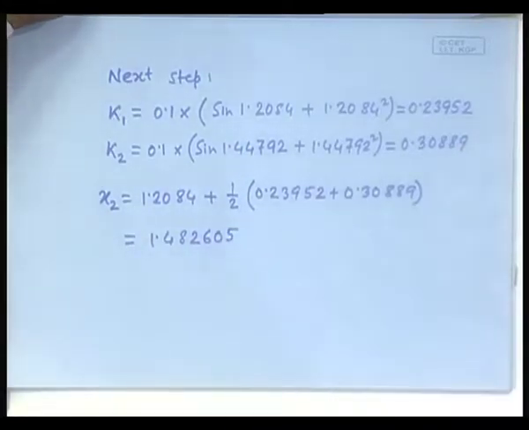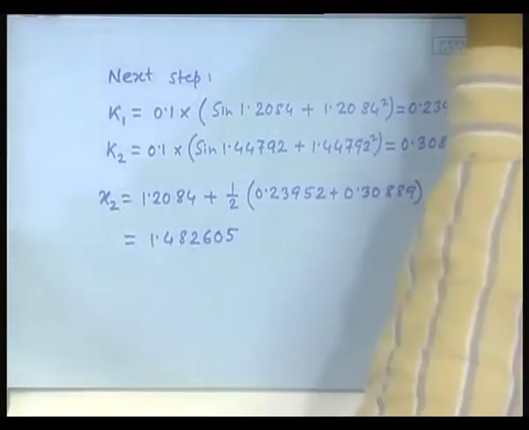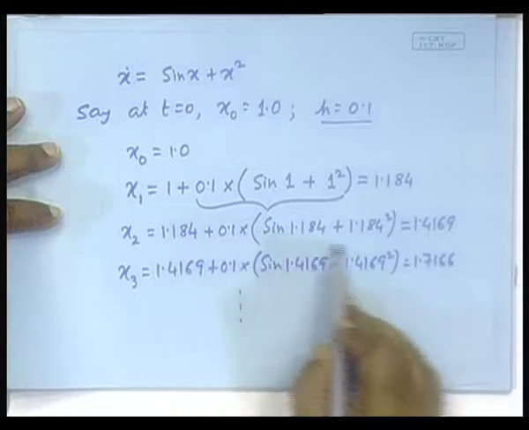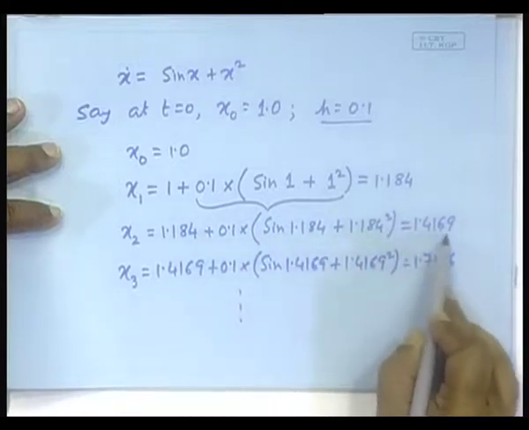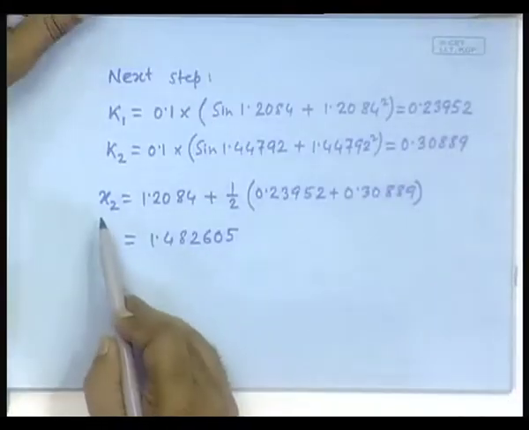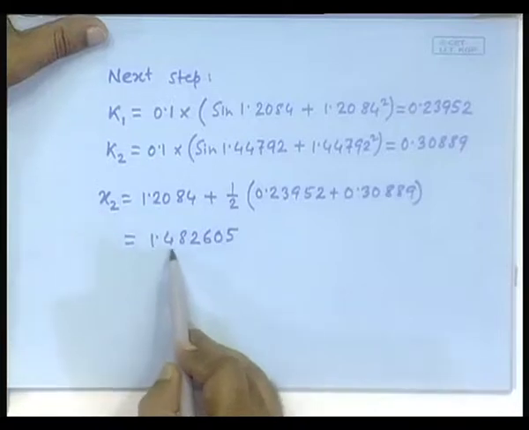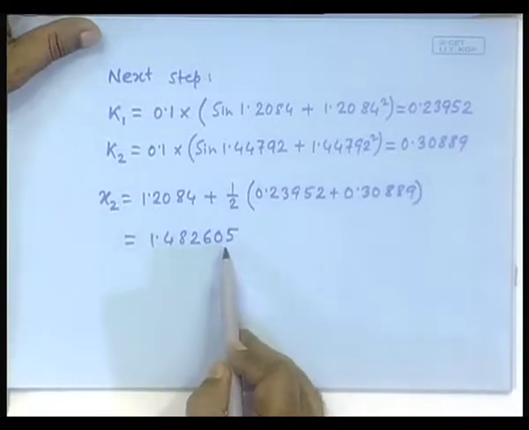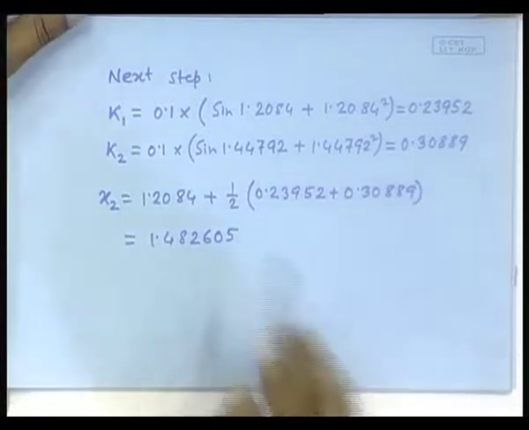Now, you notice how much better it is than the last calculation. This was calculated on the basis of the Euler method, 1.4169, whereas in this case x2 is equal to 1.482605. Obviously, that is a better approximation, but still it is an approximation.